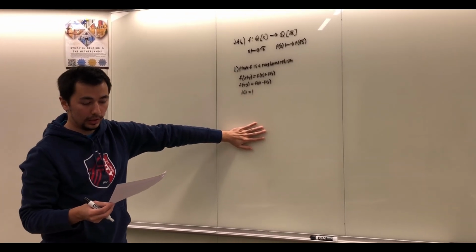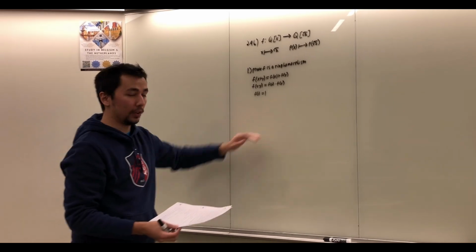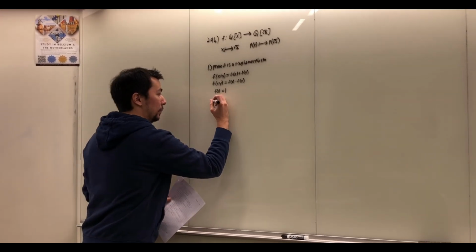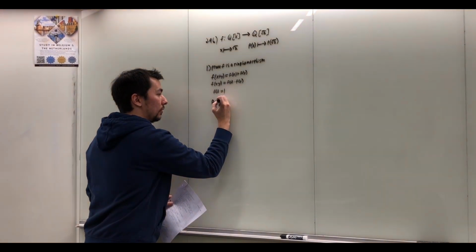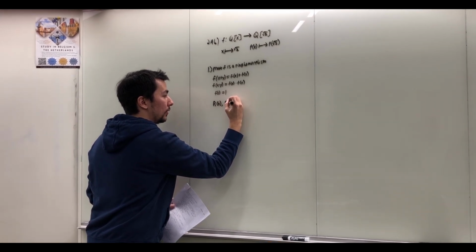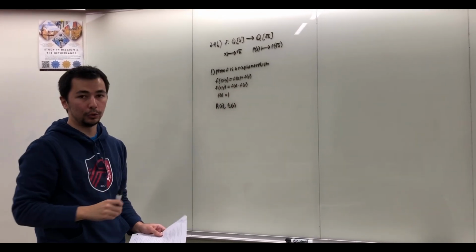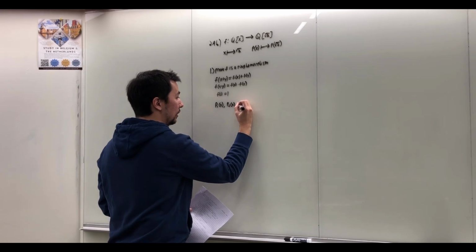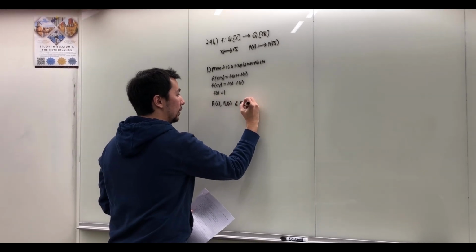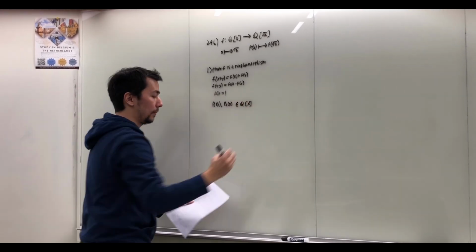Okay, so after figuring out what we need to prove, the first thing I'm going to do is define a few things for us. We're going to let P1 of x and P2 of x be polynomials that are elements of the ring Q of x.